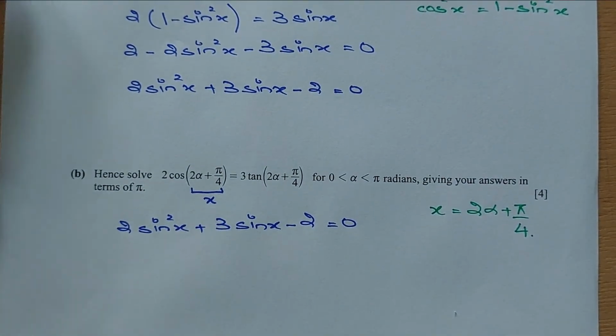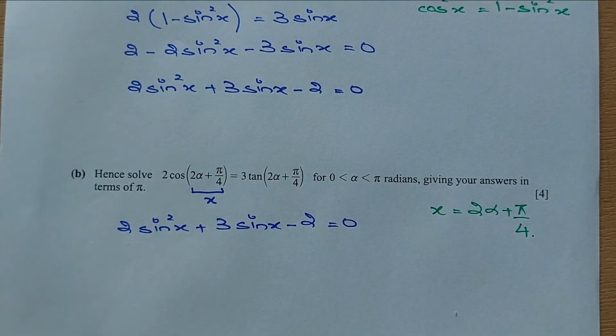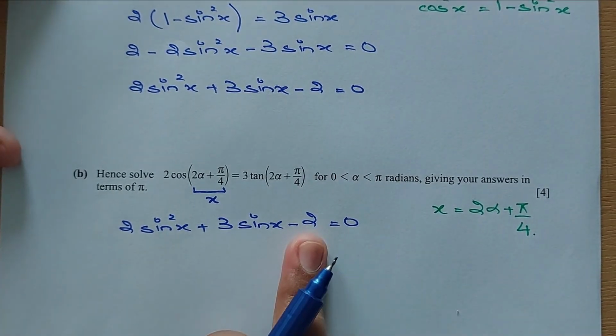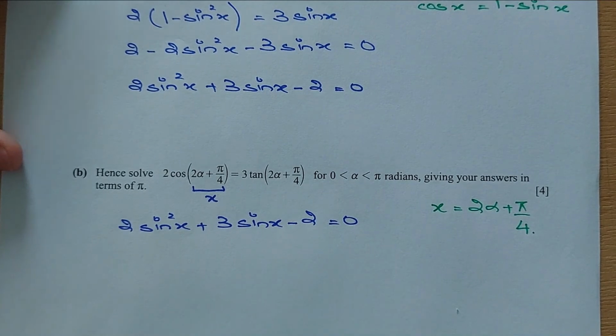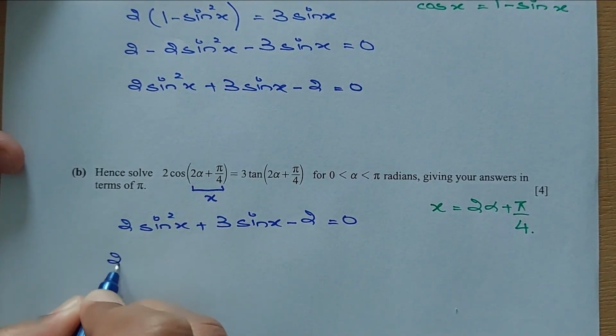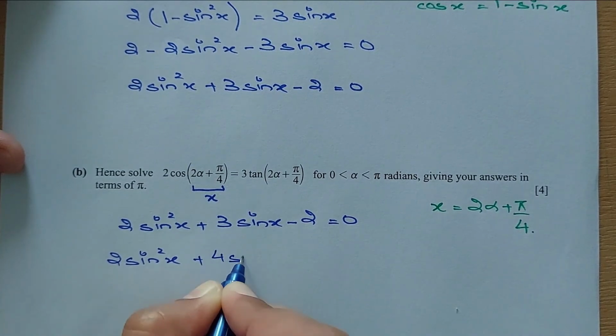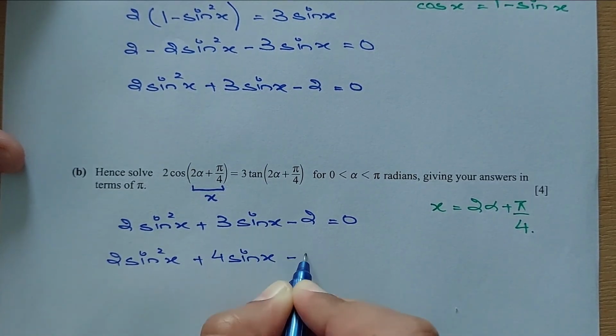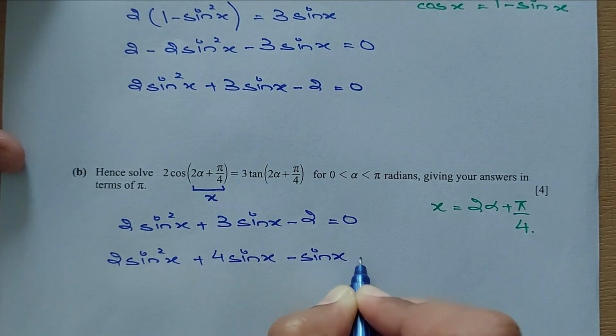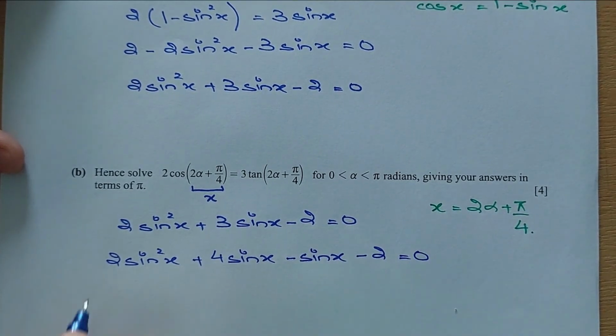So this is a quadratic equation, and in sine x we can factorize this. 2 times 2 is 4, and 4 minus 1 is 3. So 2 sine square x plus 4 sine x minus sine x minus 2 equals 0.